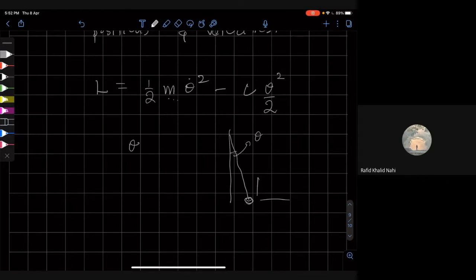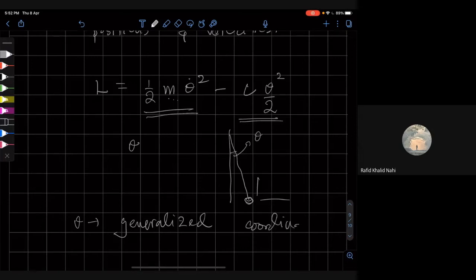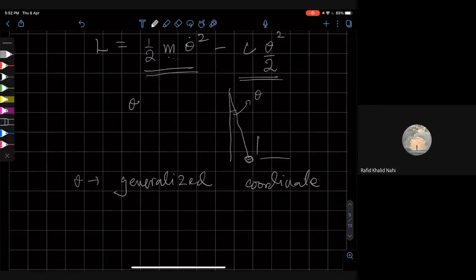And in the Lagrangian, all that the Lagrangian cares about is the kinetic energy minus the potential energy. Therefore theta is a generalized position, or generalized coordinate, okay? And theta dot is some generalized velocity, okay?